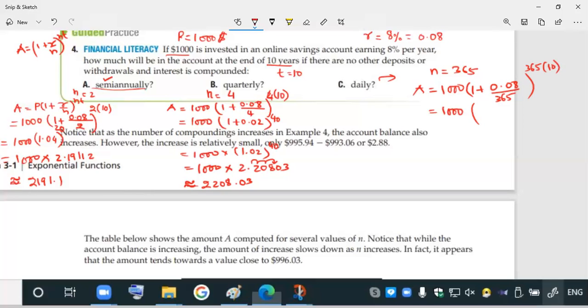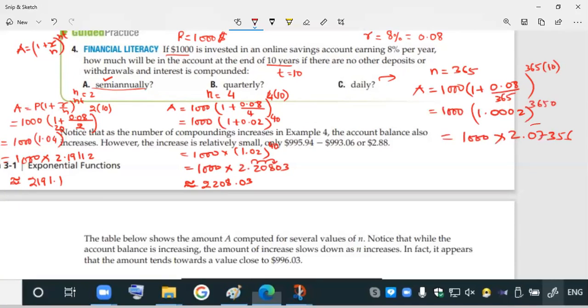Approximately it is coming 1.0002, and then 3650. It will become 3650. So we can find 1.0002 raised to power 3650. It will be 2.07 approximately, 2.07356.